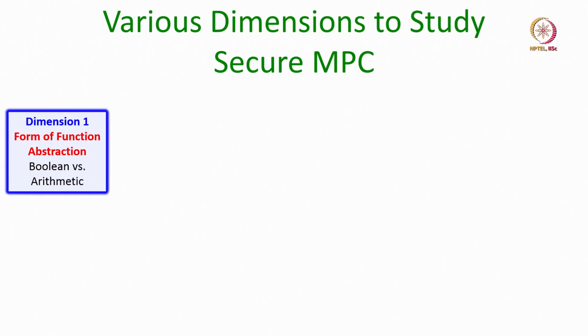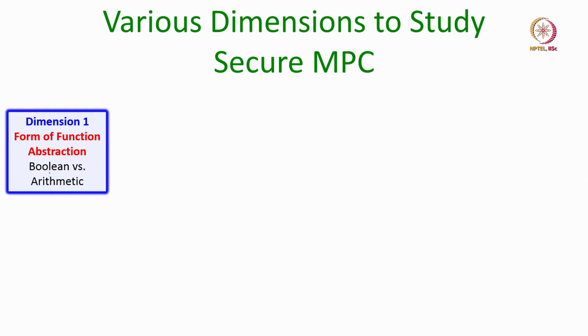So, let us list down the various dimensions in which one can study the secure MPC problem. Dimension number 1 is defined based on how we abstract the function to be securely computed. There are two popular ways to abstract out the function which the parties would like to securely compute.